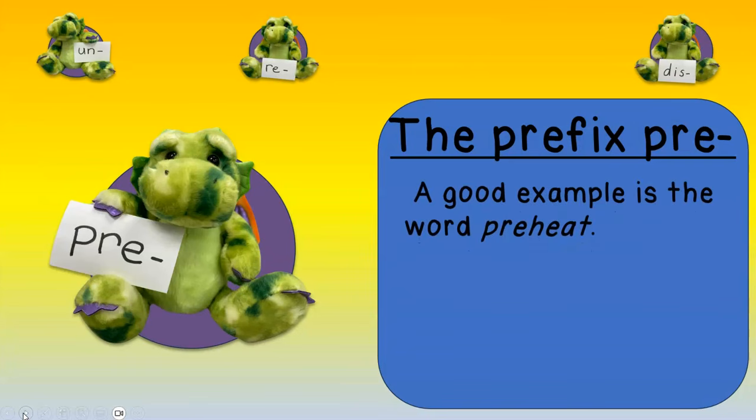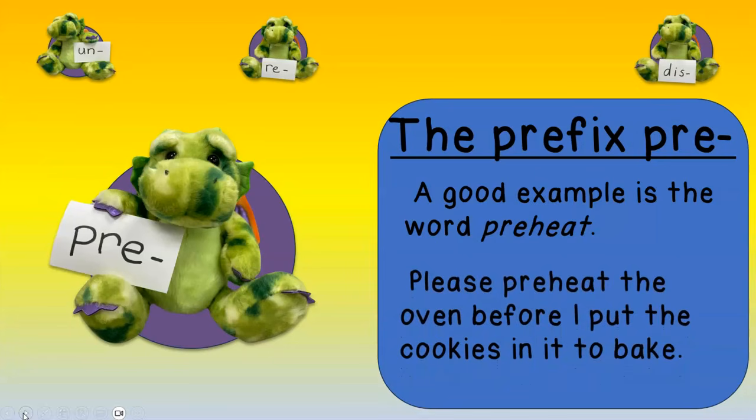A good example of using the prefix pre is the word preheat. Please preheat the oven before I put the cookies in it. If you've ever helped your mom bake something, sometimes we have to preheat or turn the oven on before we're going to use it. We heat it up before we need to.